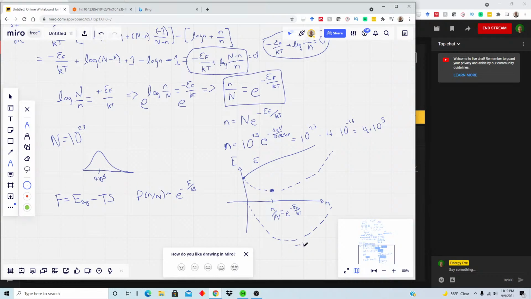And so this is the minus Ts term, and this is the E total term, or the E system. And this one is going to be the free energy, which is a combination of them.